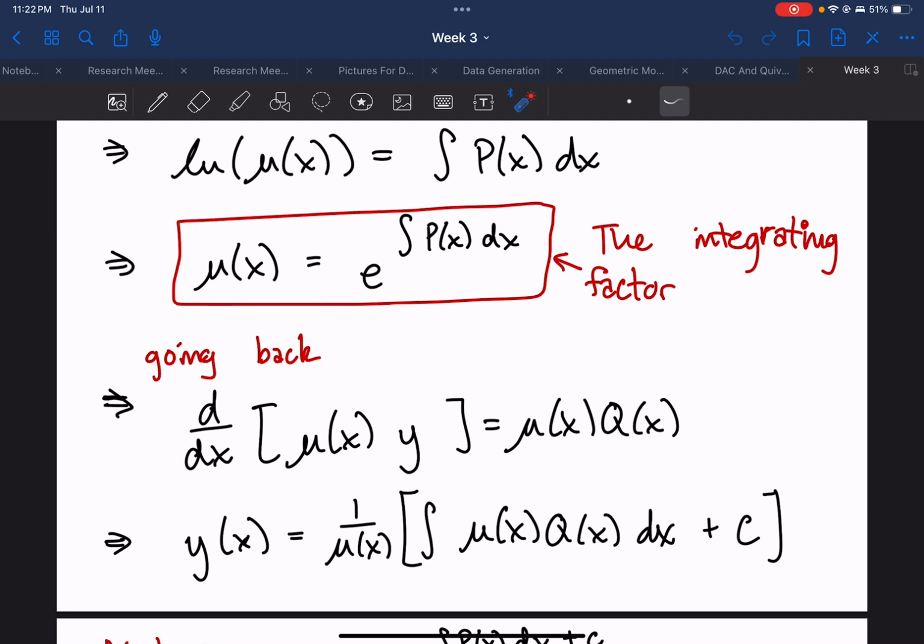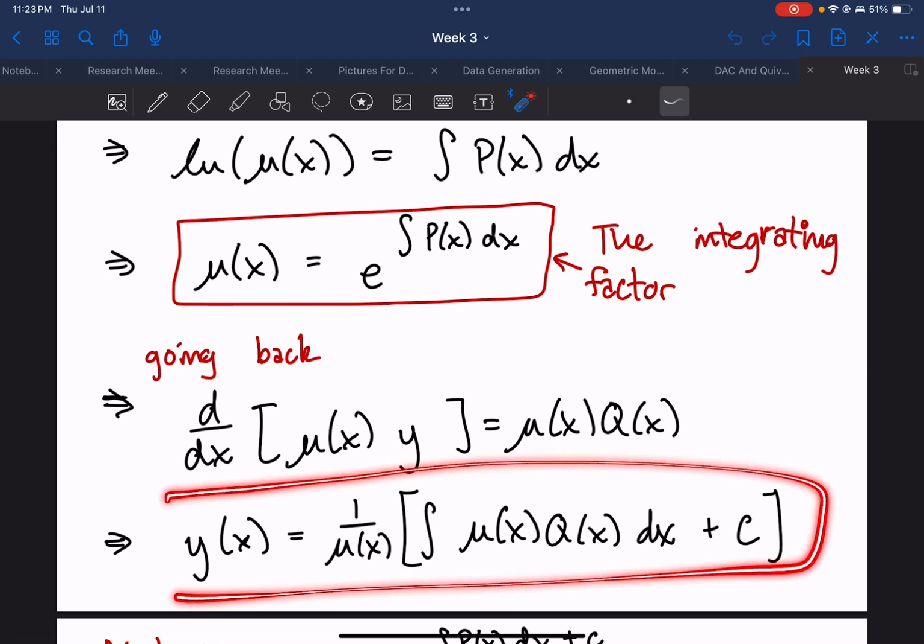The derivative with respect to x of mu of x times y is equal to mu of x times q of x. Integrate both sides. If you integrate here, dx, and you integrate here, dx, this and this will cancel, and you'll be left with mu of x times y. And then by just dividing both sides by mu, I get y equals this guy.